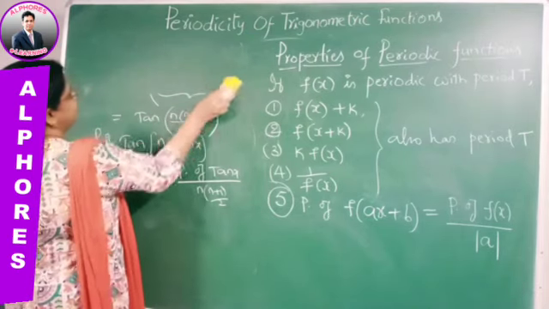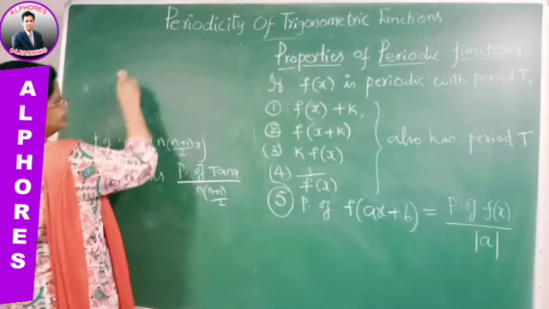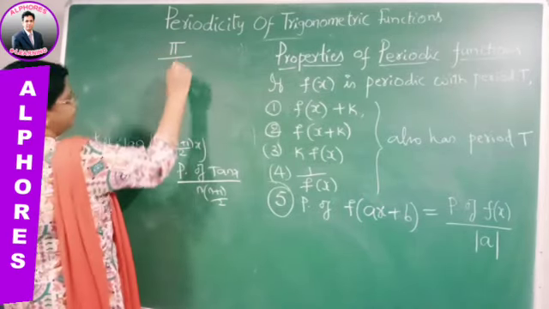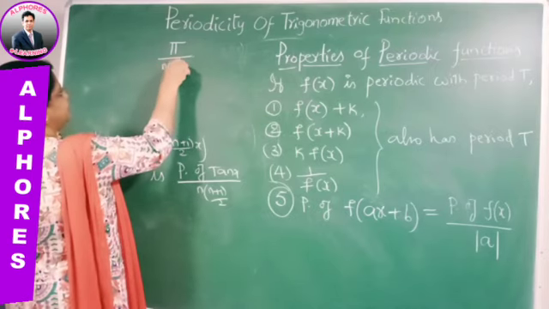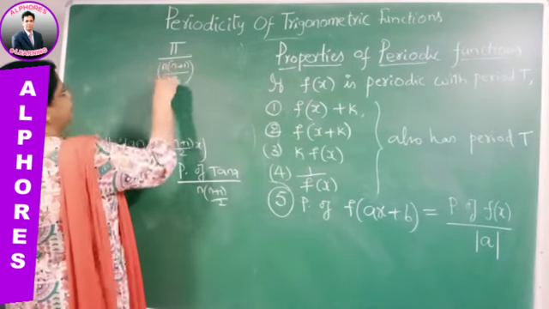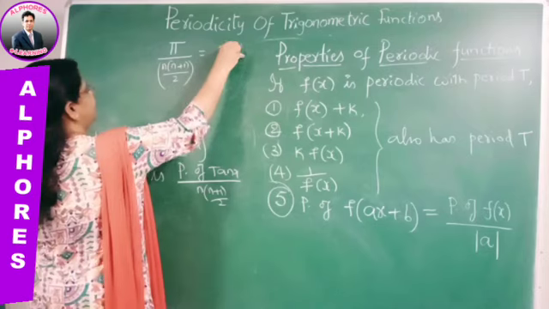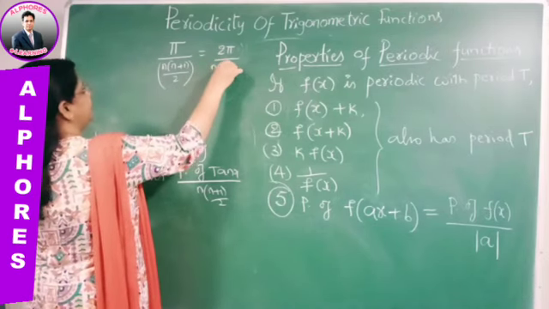Then what is the final answer here? The final answer is pi divided by, because tan period is pi, divided by n into n plus 1 divided by 2. Therefore, it is nothing but 2 pi divided by n into n plus 1.